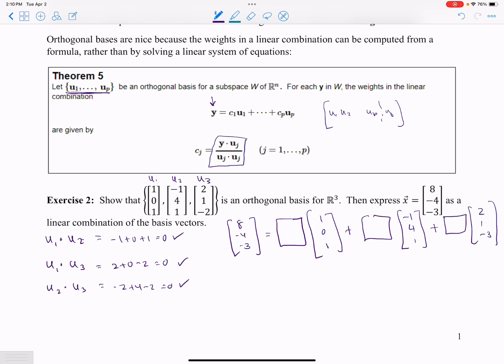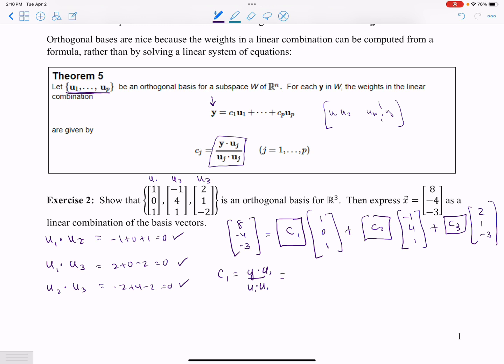Again, the old way was to augment this into a system, row reduce, and solve. So I'm just going to apply the weights from theorem 5. So this is C1, C2, C3. C1 is equal to y dot u1 over u1 dot u1.